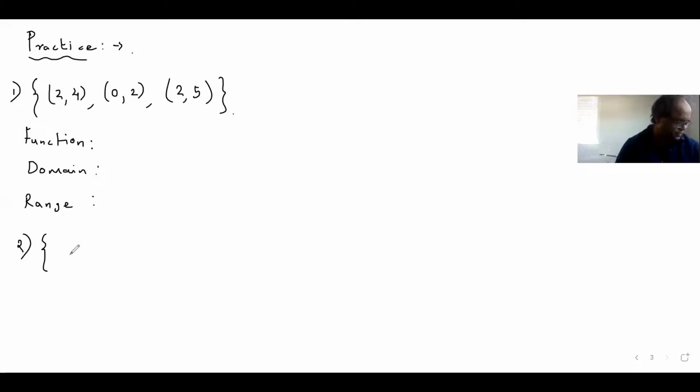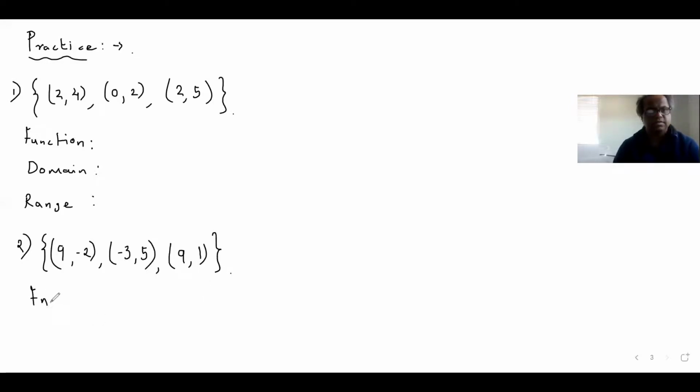Another set: (9, -2), (-3, 5), (9, 1), and after that, whether it is a function or not, then I'm going to define the domain and range.